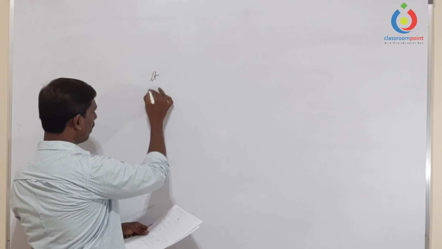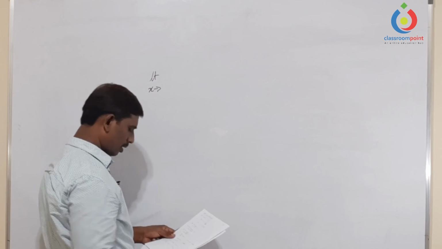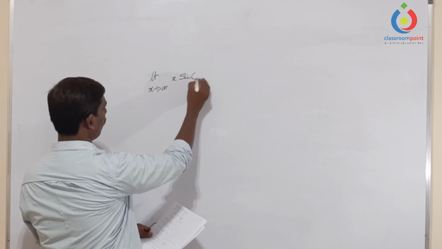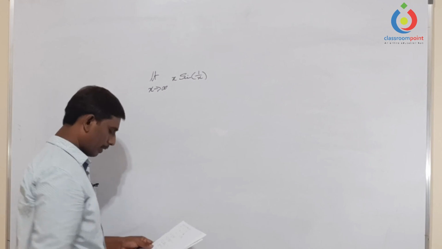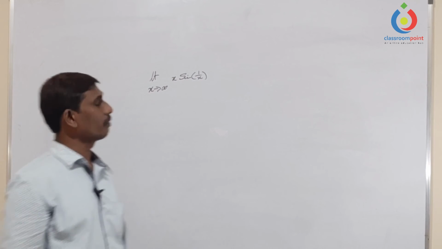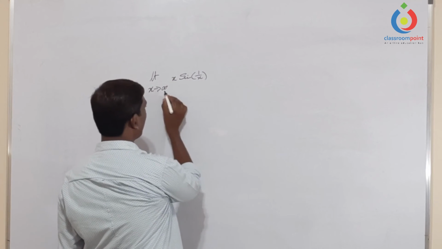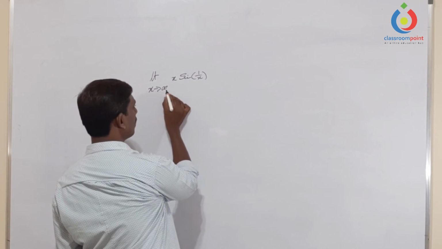Limit x tends to infinity of x into sine of 1 by x. Then what to do here? Apply infinity in the place of x.